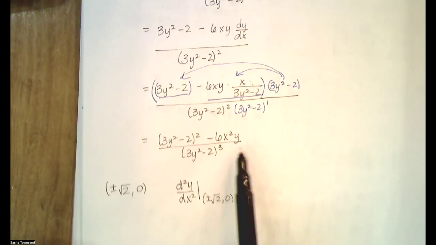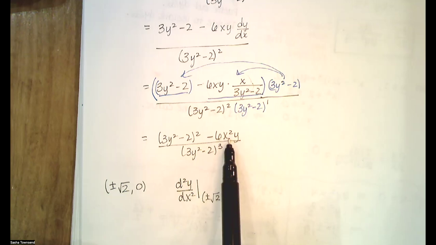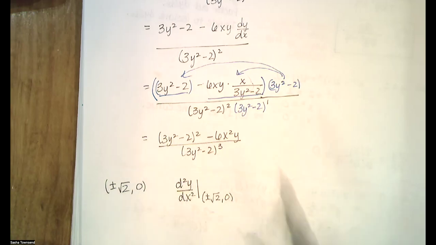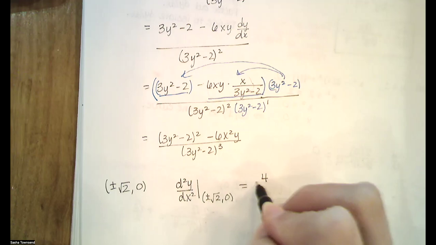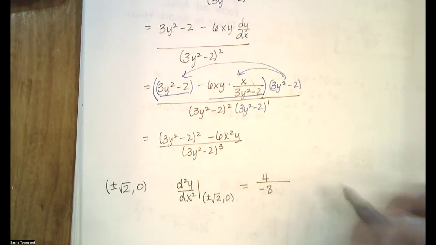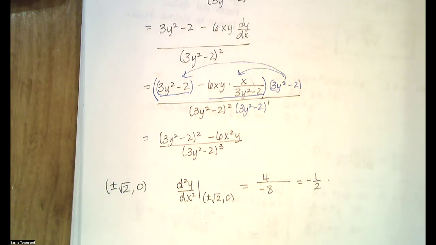Well, actually, if y equals 0, we get rid of all the x's altogether because the only term involving x is multiplied by a y. So we get a 0 there. And then this is just going to be a -2 squared, which is 4, over -2 cubed, which is -8. So we get -1/2 for our second derivative.